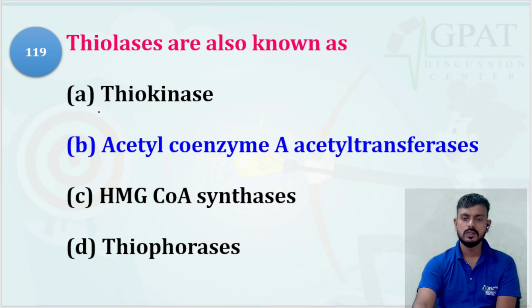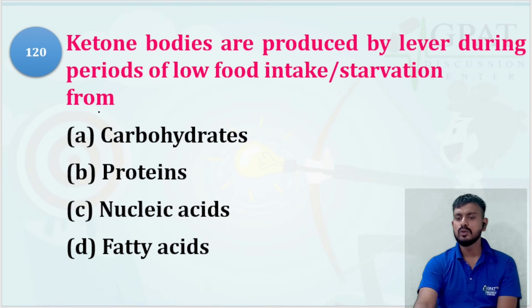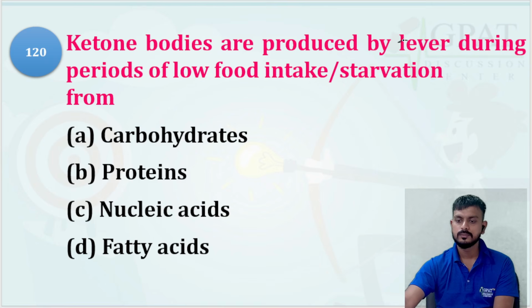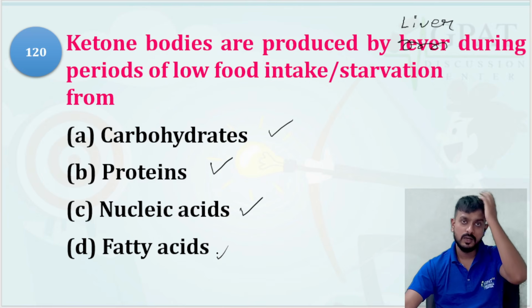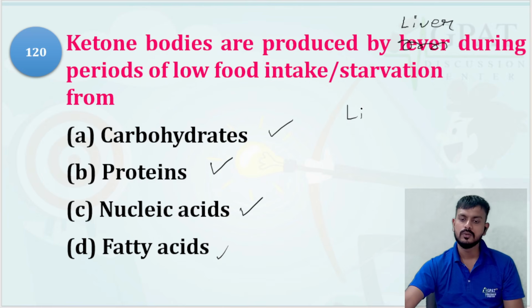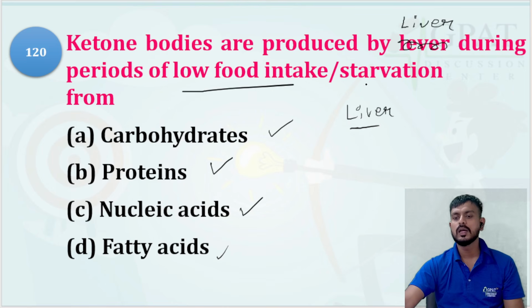Last question. Question number 120. Ketone bodies are produced by the liver during a period of low food intake or starvation from carbohydrate, proteins, nucleic acid, or fatty acid. The major site for ketone body synthesis is the liver. The liver will synthesize them when you have low food intake or you are on prolonged starvation.